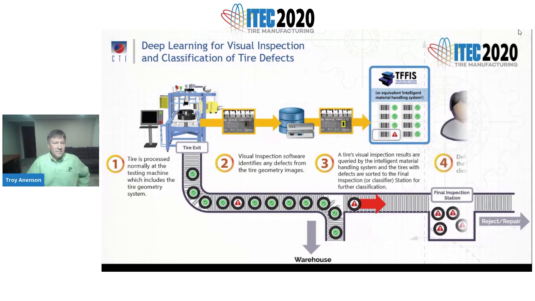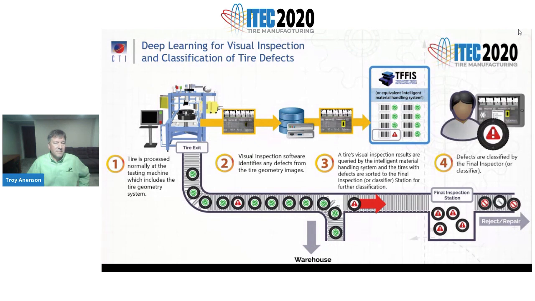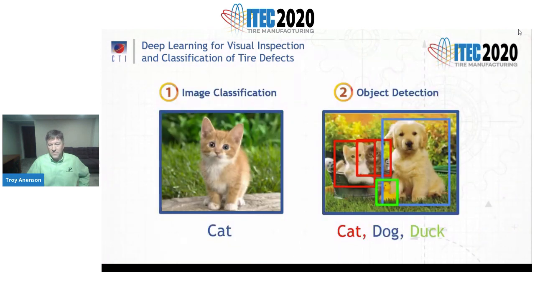So in the next slide, there we go. We'll talk a little bit about deep learning and image processing. One natural application of computer vision within deep learning is image processing. Within image processing, you have two common techniques: object detection and image classification.